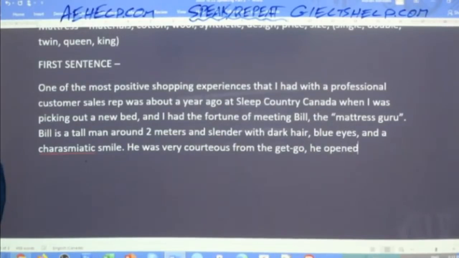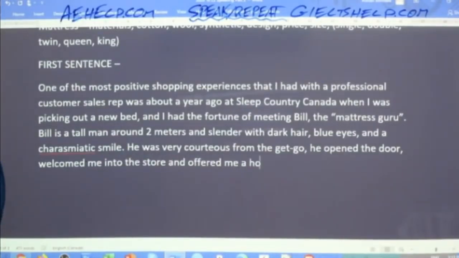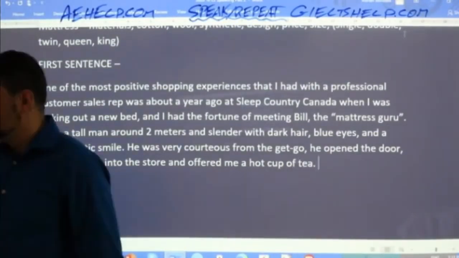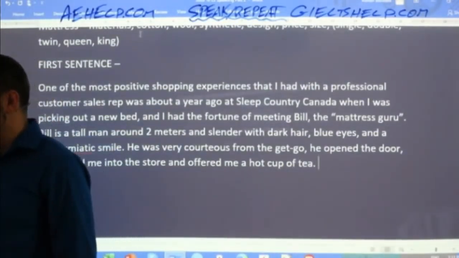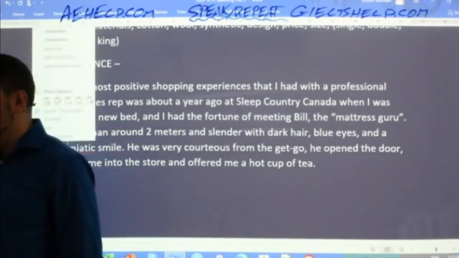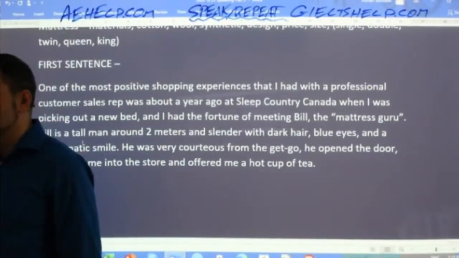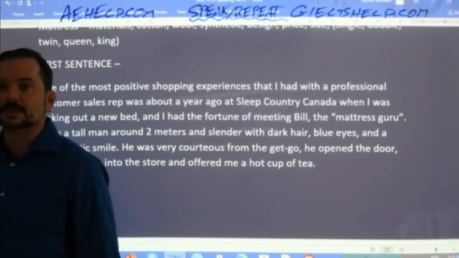He opened the door, welcomed me into the store, and offered me a hot cup of tea. Okay, so right away you're rolling with the punches. Keep writing, students, and I'm going to pick out useful sentences from you.